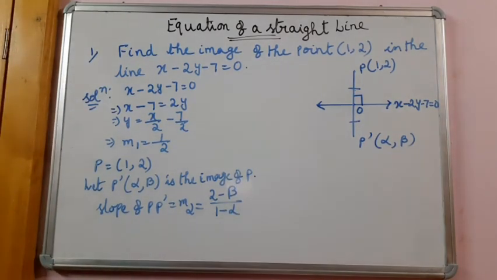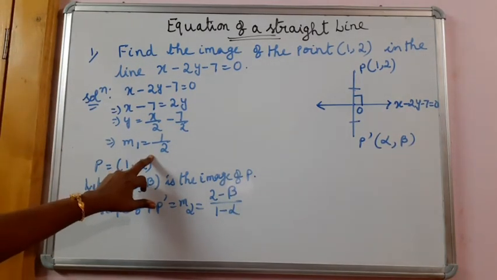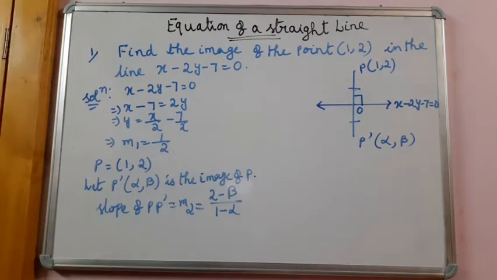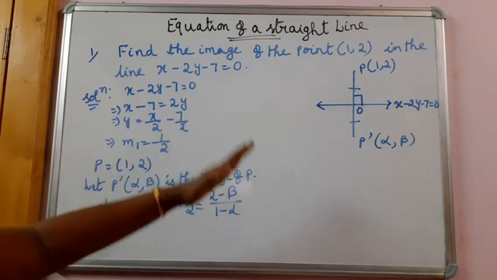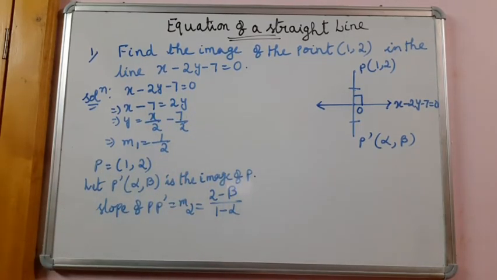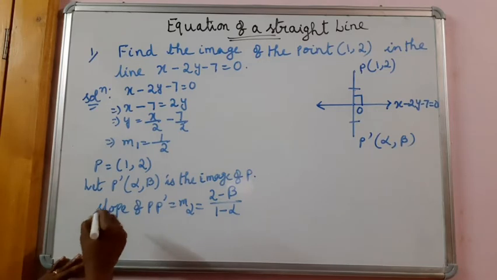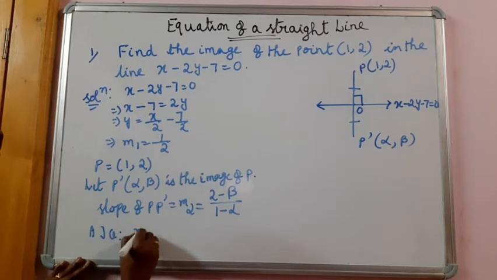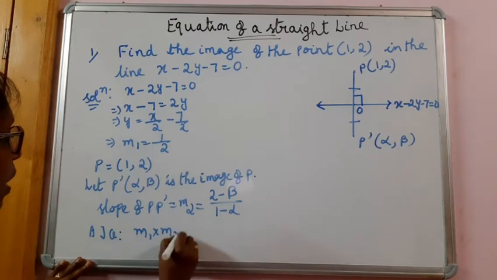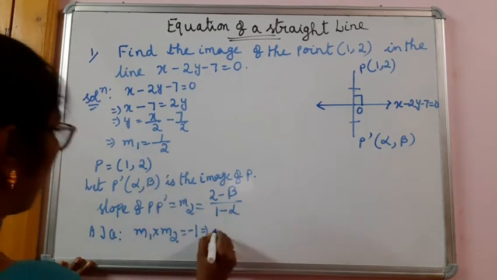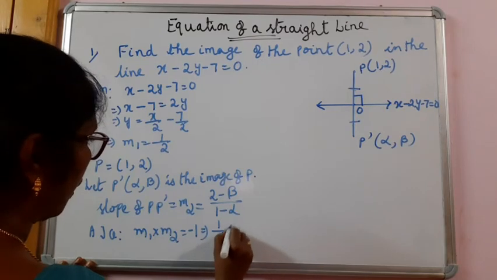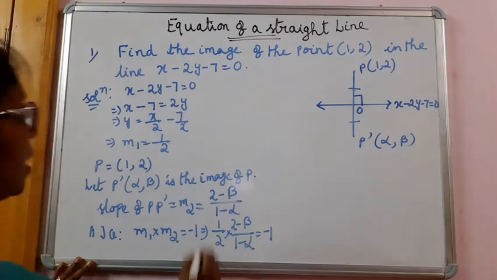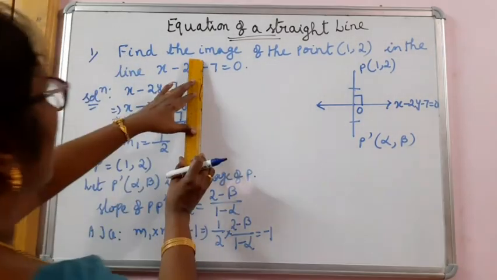Now we got the slope of the given line and the slope of PP dash, and we know that those two lines are perpendicular to each other. So product of the slopes is equal to minus 1. According to the question, m1 into m2 is equal to minus 1. m1 equal to 1 by 2 into (2 minus beta) by (1 minus alpha) equal to minus 1.